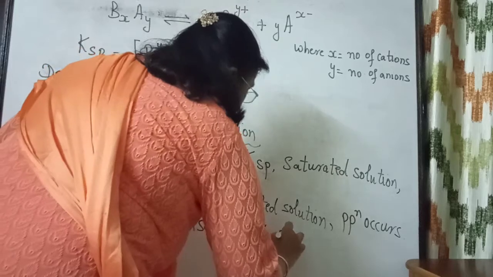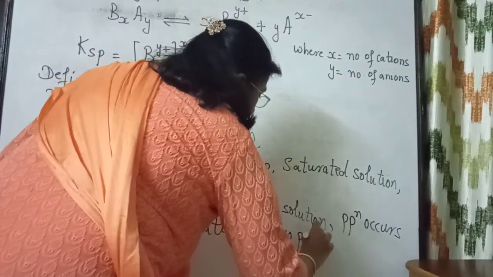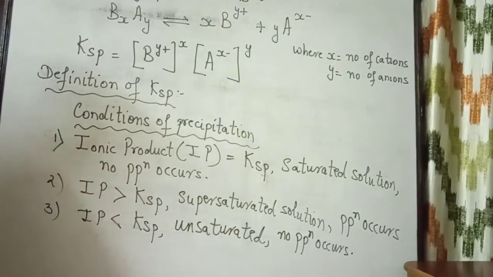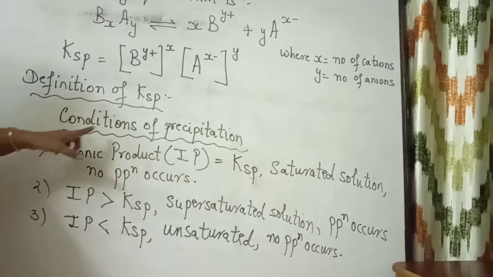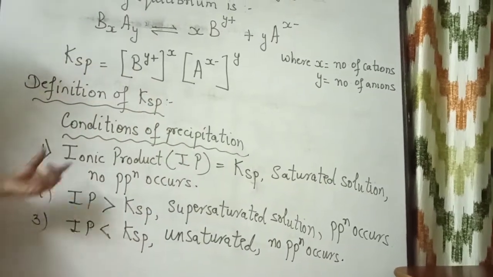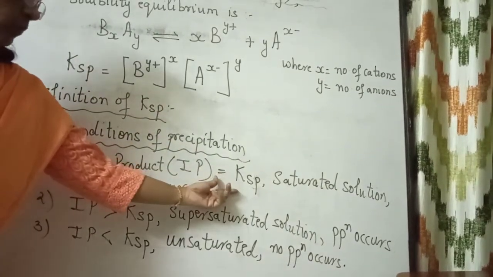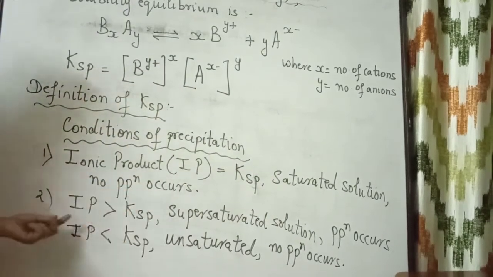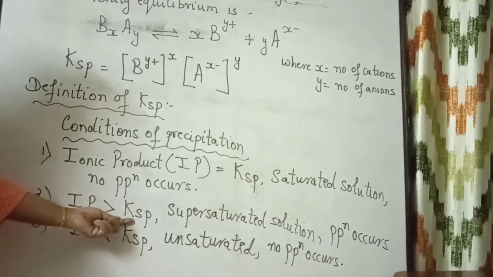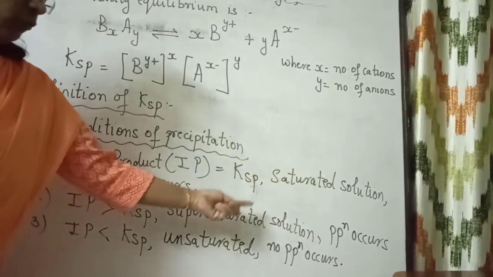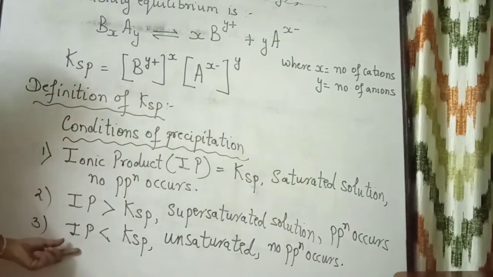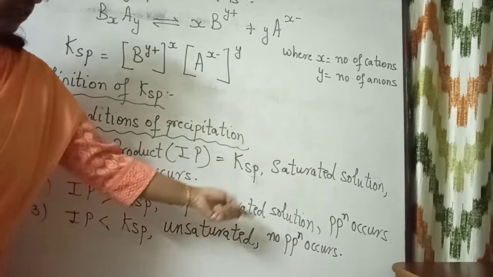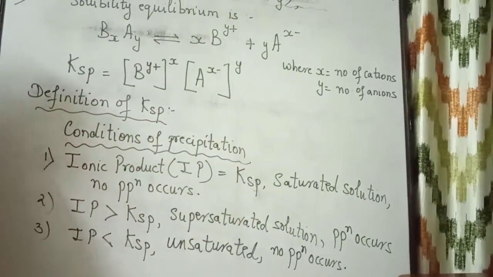So here no precipitation will take place. So these are three important conditions for precipitation. Ionic product equal to solubility product: solution is saturated, so no precipitation will take place. Ionic product greater than solubility product: supersaturated solution, precipitation will take place. Ionic product less than solubility product: the solution is unsaturated, so no precipitation will take place.